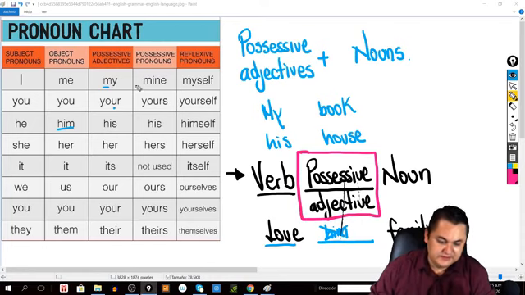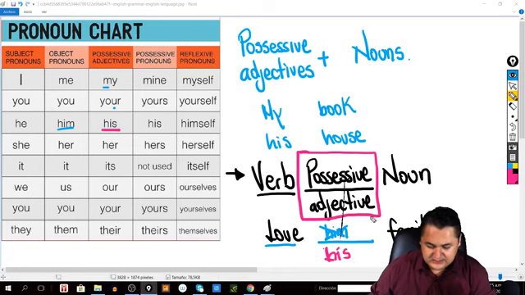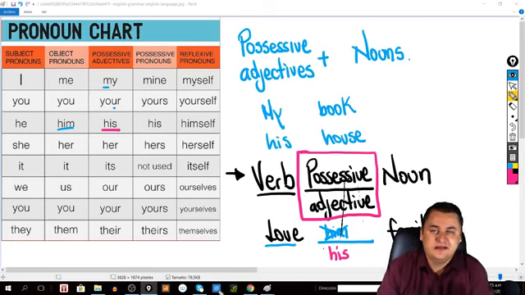And the possessive adjective is his. So I can say, I love his family. I cannot say, I love him family. But I have to say again, I love his family.